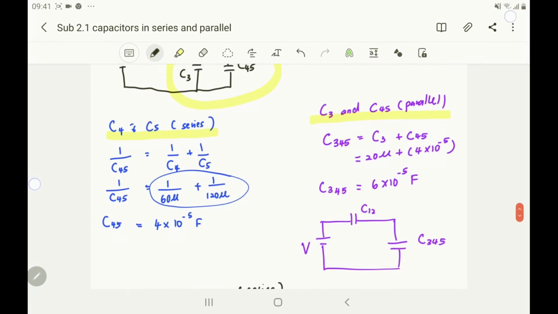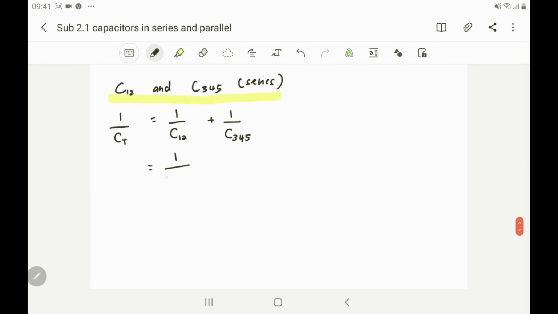So C12 is 120 microfarad, and C345 is 6 exponent negative 5. So you will get C total is equal to 4 exponent negative 5 farad.